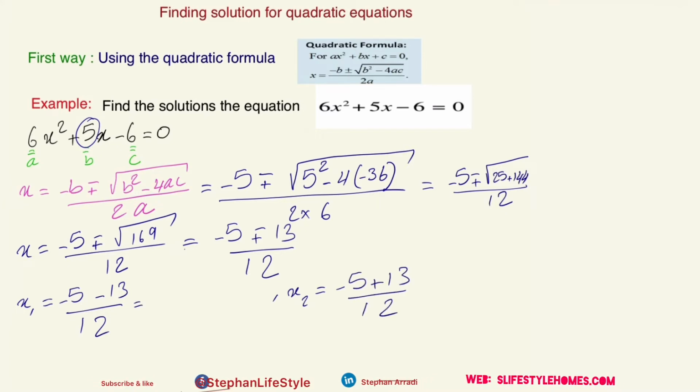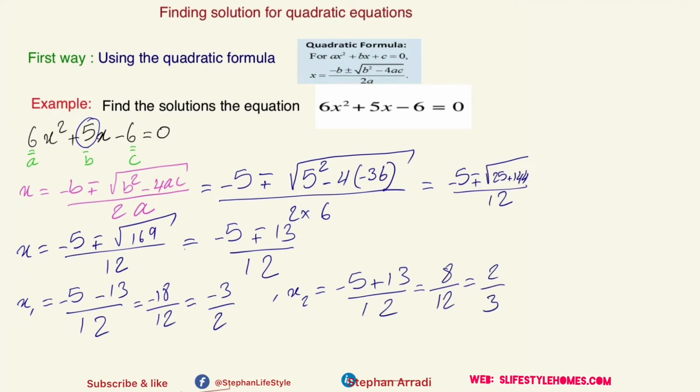The first is minus 18 over 12, divide everything by 6, equal to minus 3 over 2. And the second is 8 over 12, divide everything by 4, it will be 2 over 3. So this is the solution.